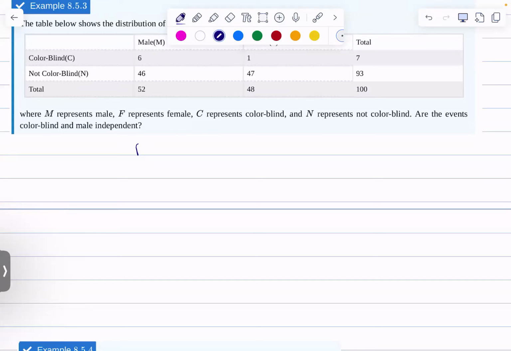So usually how I do it is C and M. I put a little question, or I guess a big question mark over the equal sign, just to indicate that, hey, I'm just seeing if these two things are equal to each other. Right? Is it equal to the probability of C times the probability of M?